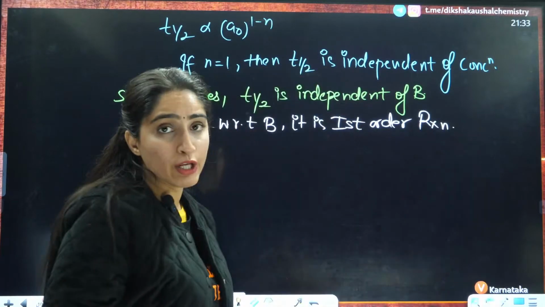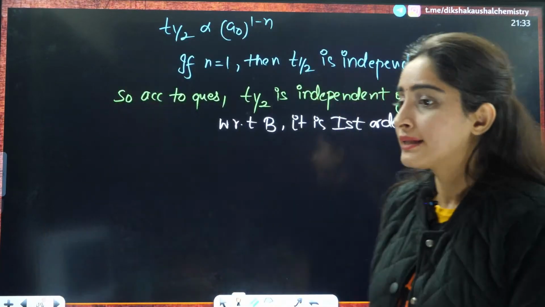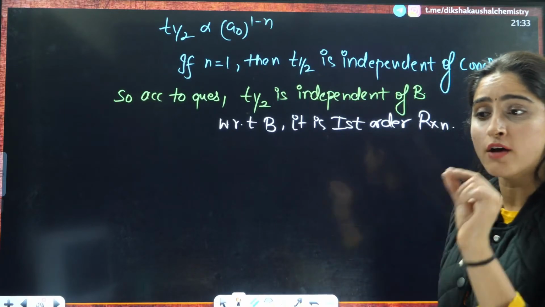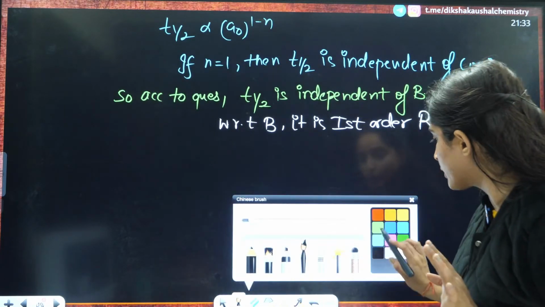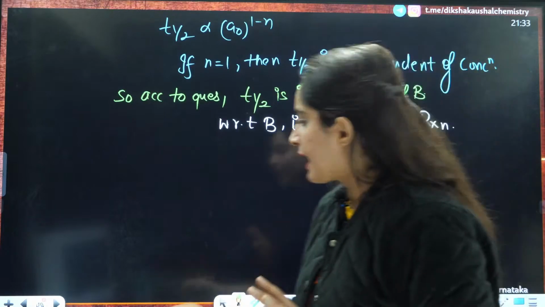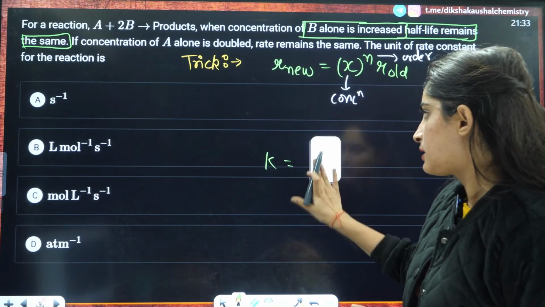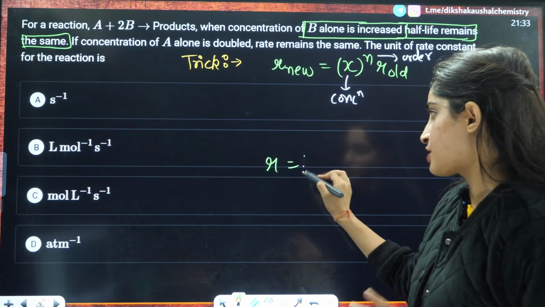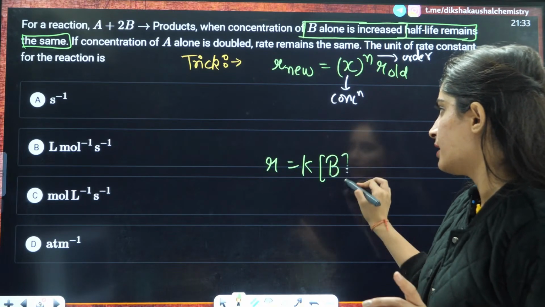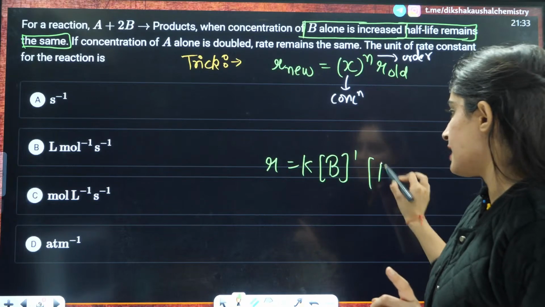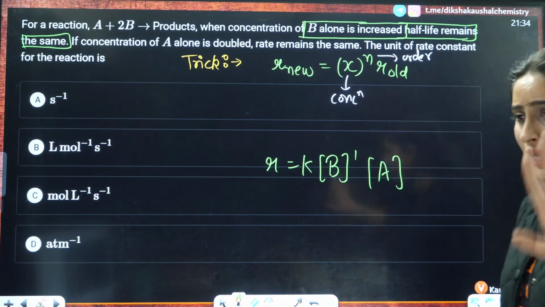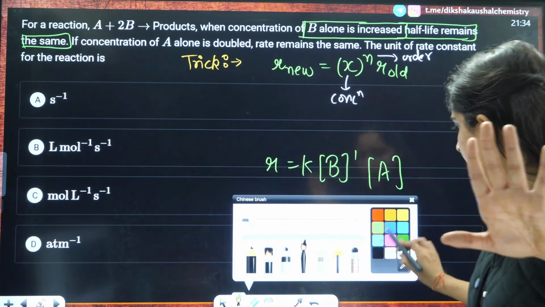First you tell me, are you able to understand this, that with respect to B, it is a first order reaction? Can I write here that the rate of the reaction will be B raised to power 1? A we still have to find out. We are still finding it out.